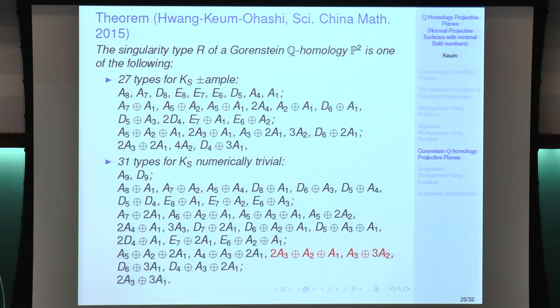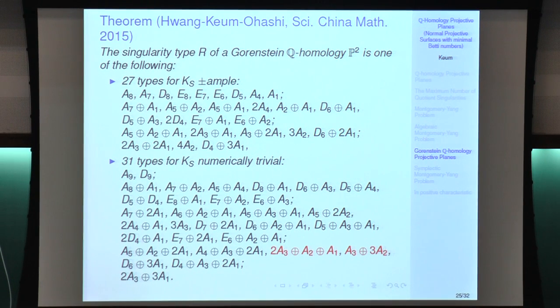Yesterday, at the beginning, I told you, if it has only one A1, then it should be rational. If A1, then it should be minus KS ample. KS cannot be ample. And also A1 plus A2, where is it?